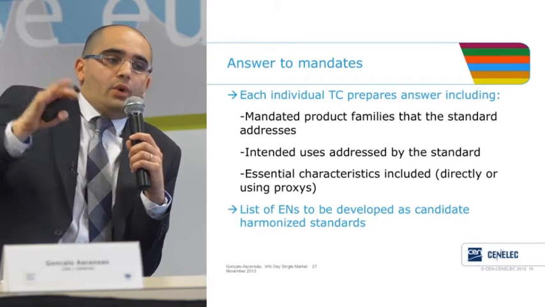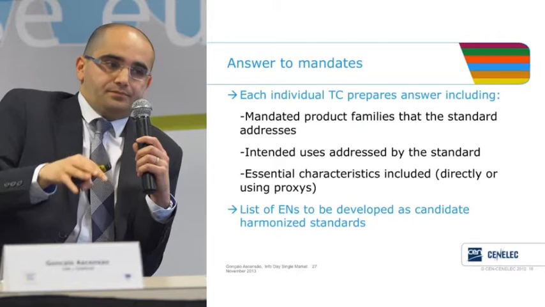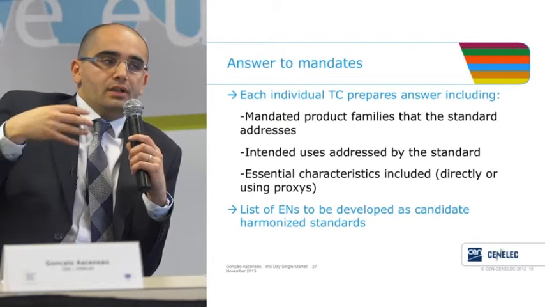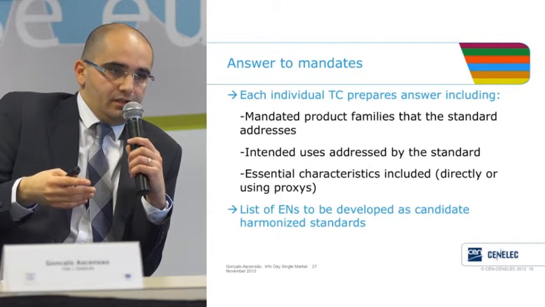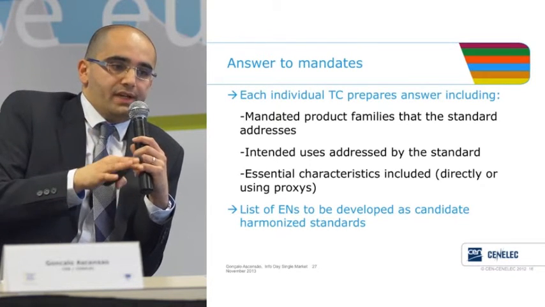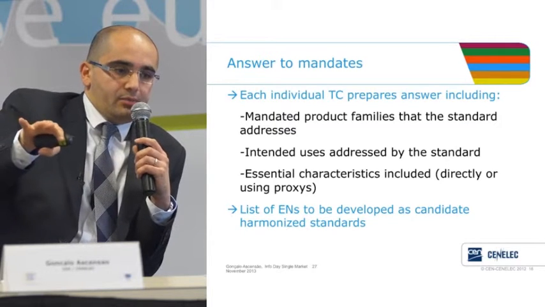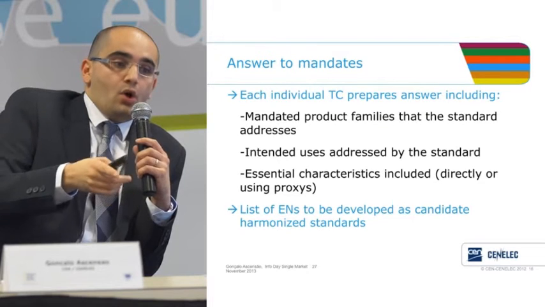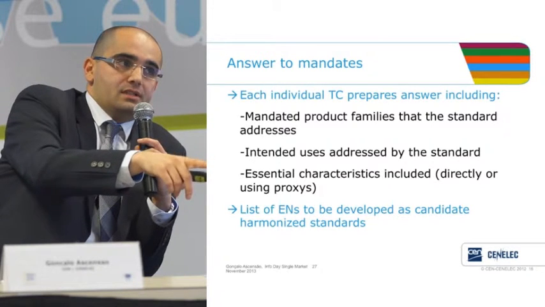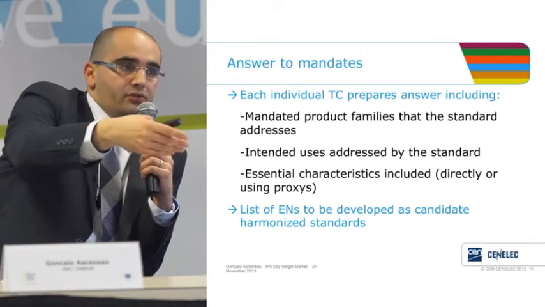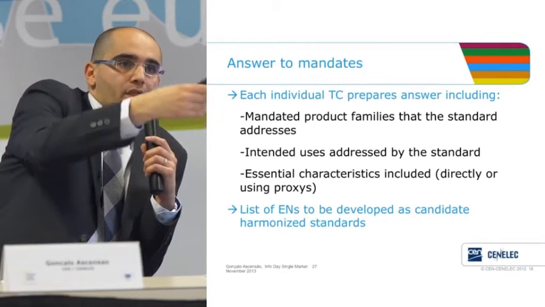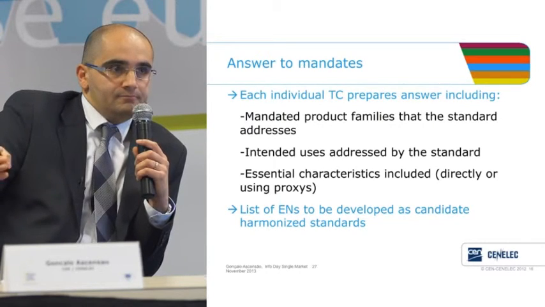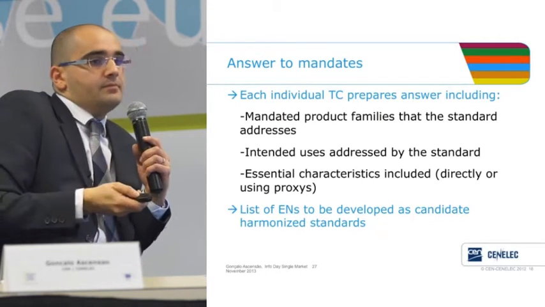So when we prepare the answer to the mandate, there is a list of standards that will be prepared, including the scope of the standard that can be wider than what we are proposing, and I will explain a little bit later, and which are the characteristics or the proxies that will be used. So instead of crushing strength, we will say, we will not declare crushing strength, but we declare something else. But it will be for the same purpose.